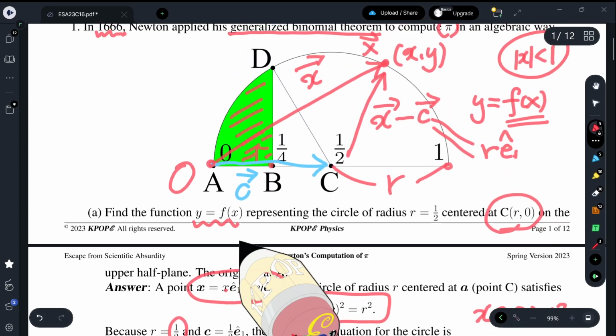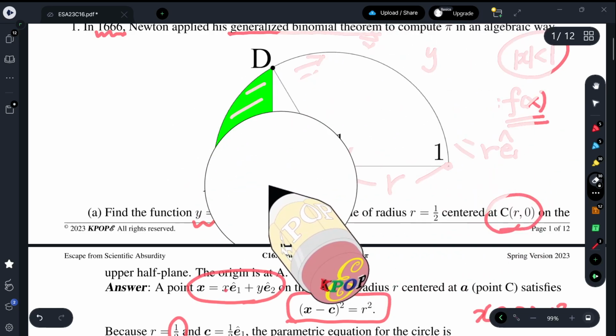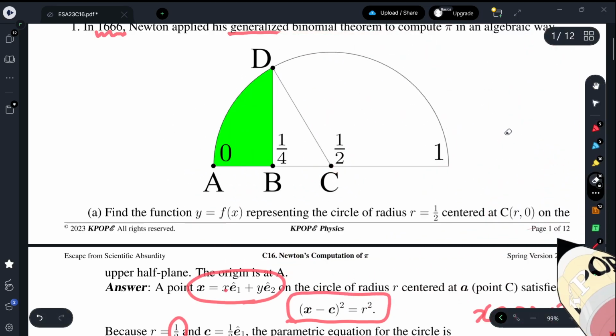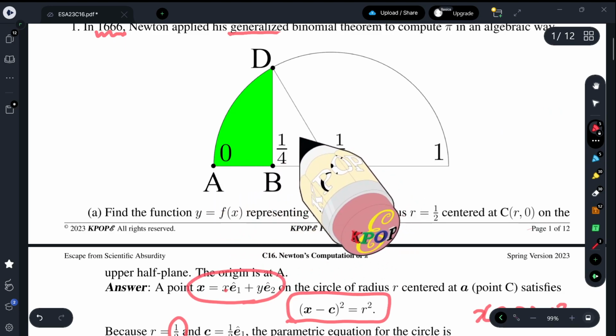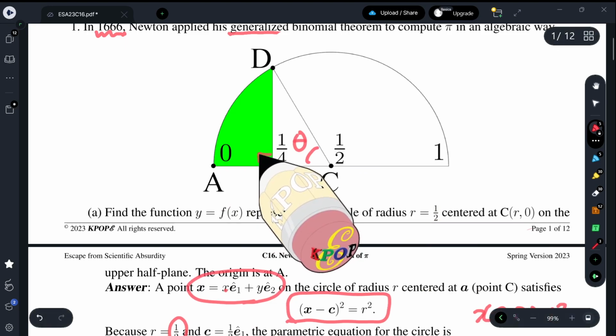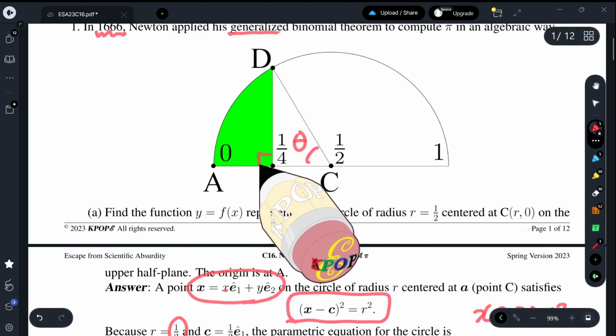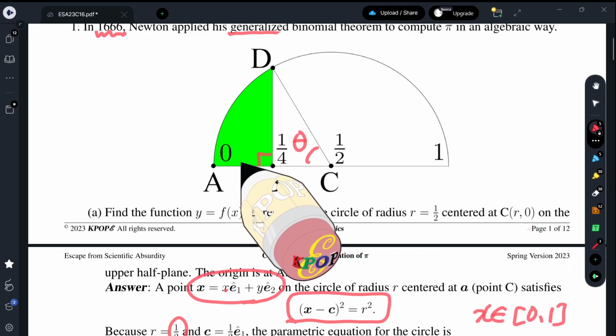Find the angle theta, angle ACD. This ACD is theta. We find this is the right angle, and this is the midpoint. B is the midpoint of AC.